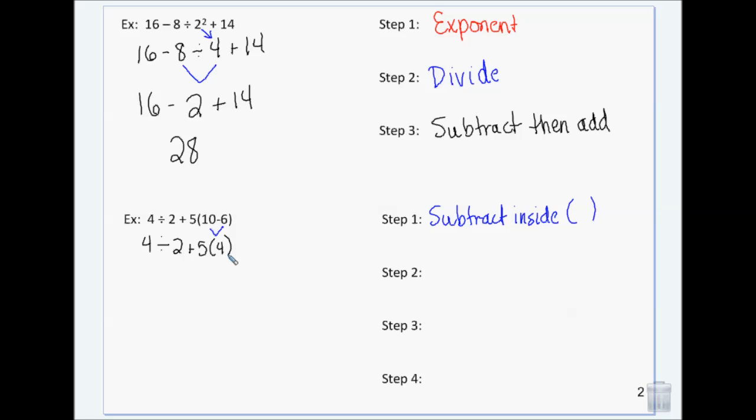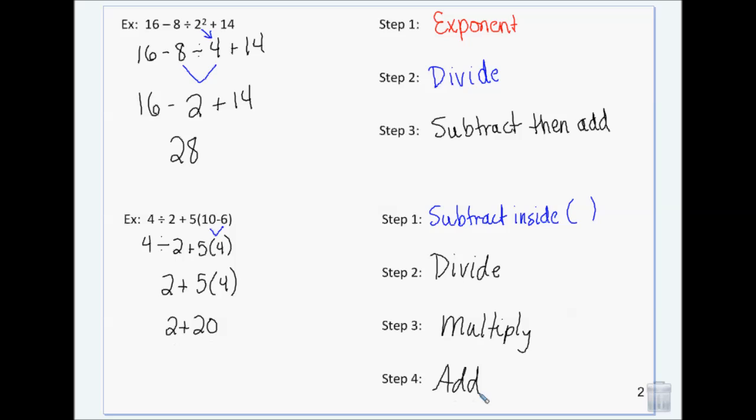I'm going to do the division first. Now in this particular example, this division and this multiplication, because they're separated by addition, it wouldn't have been as tragic if I did them in the wrong order.